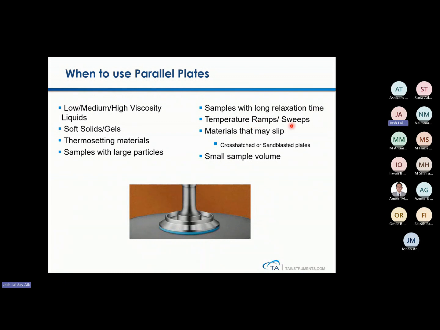For temperature ramp and temperature strip, it is compulsory to use parallel plates. You cannot use cone plate to measure temperature ramp or strip measurements. And for materials that will slip, you need a parallel plate that can attach a crosshatch as well as sandblasted plates. It only requires a very small volume of sample, typically 0.7 ml, mostly 1 ml, depending on the plate size that you have.